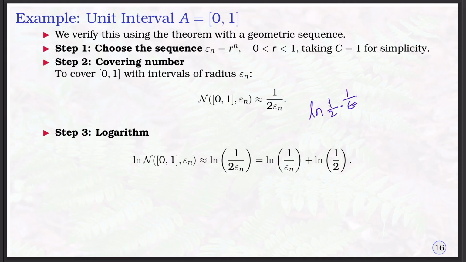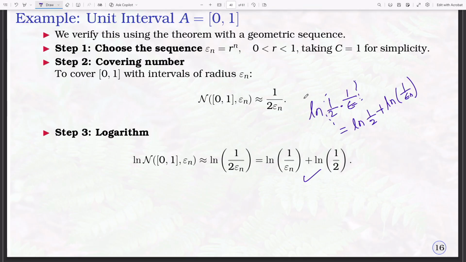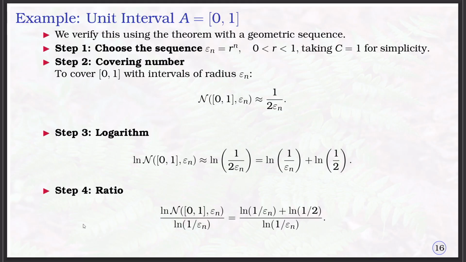Using log of a b equals log of a plus log of b, this is log of 1 by 2 plus ln of 1 by epsilon n. Now take the ratio between this and the quantity ln of 1 by epsilon n. So ln of N, the number of boxes required to cover the interval [0, 1] at epsilon n, over ln of 1 over epsilon n, because we are choosing this sequence.